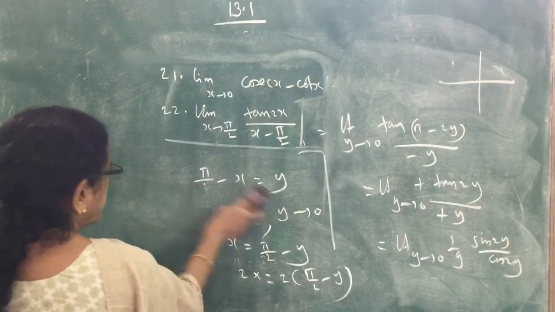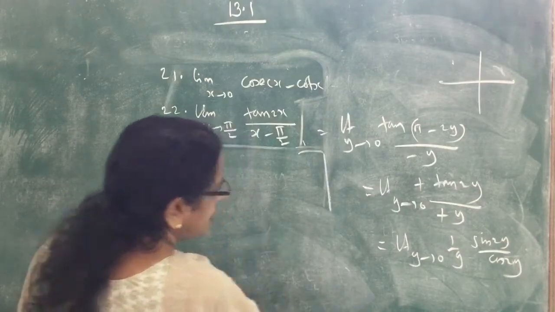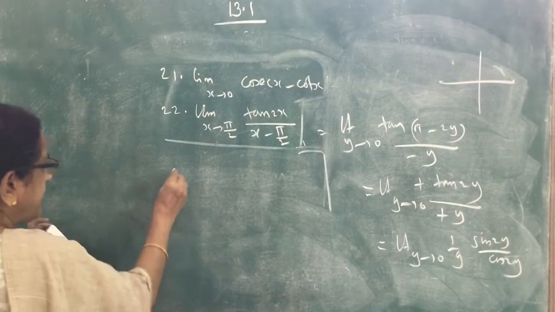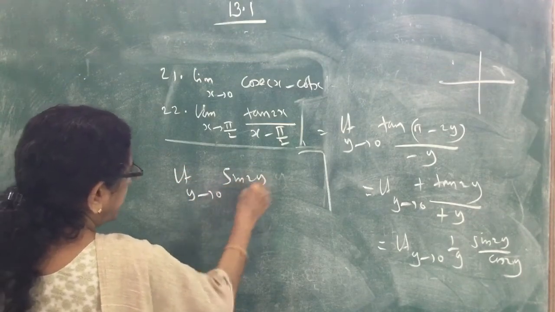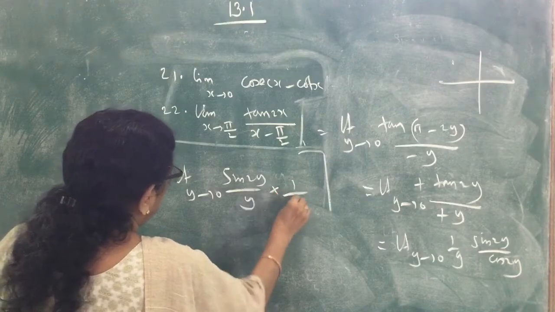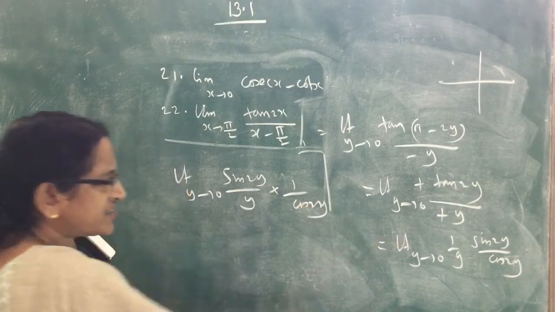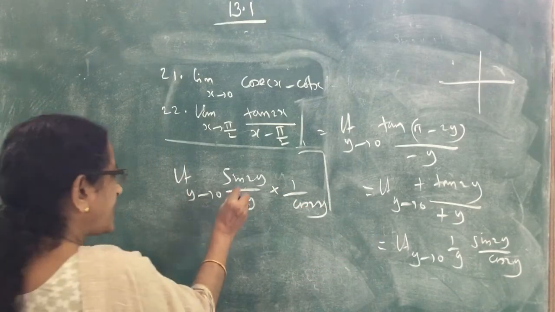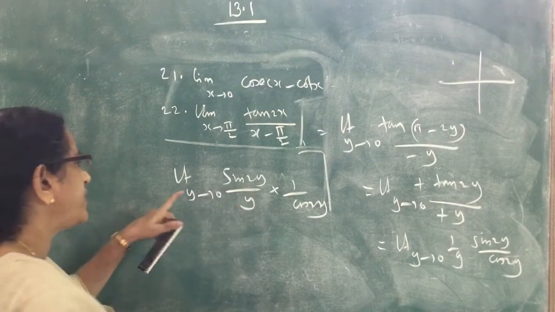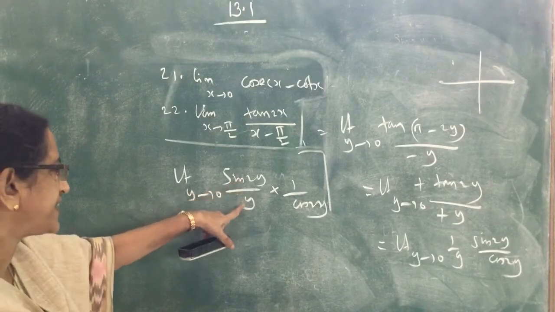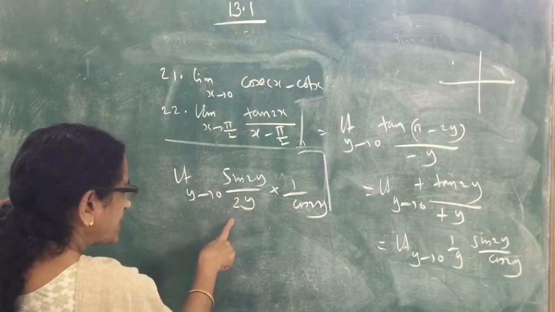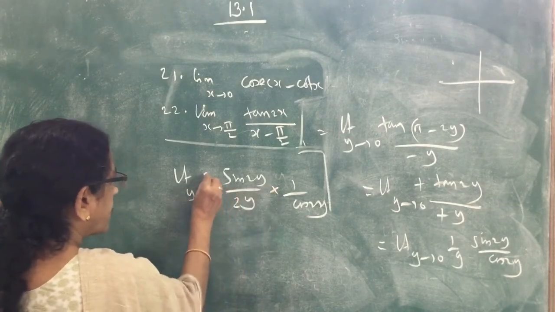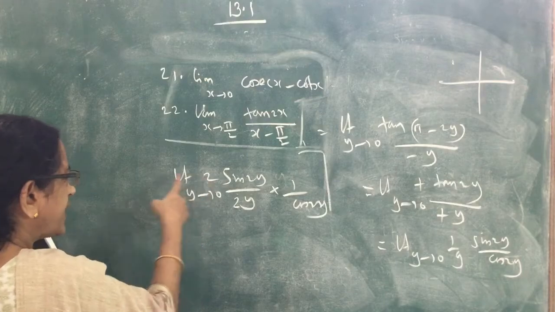Now we rearrange the terms: limit y tends to 0 of sin 2y divided by y into 1 by cos 2y. To apply the formula limit theta tends to 0 sin theta by theta equals 1, we want 2 in the denominator, so we multiply by 2 and take the other 2 outside.